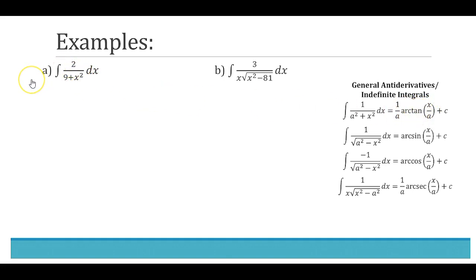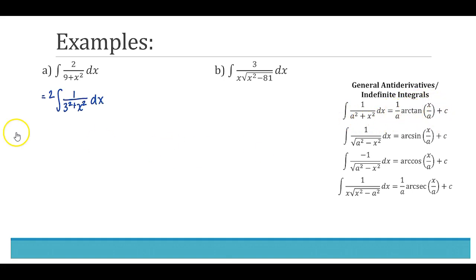Well, here I have a 2 on the top, but remember I can go ahead and take the 2 out of the integral. So now I have 1 over 3 squared plus x squared dx. So it looks exactly like my formula here with 3 in the place of a.